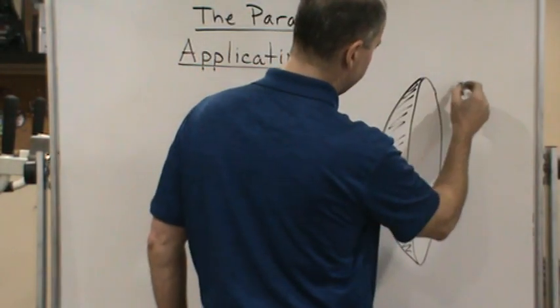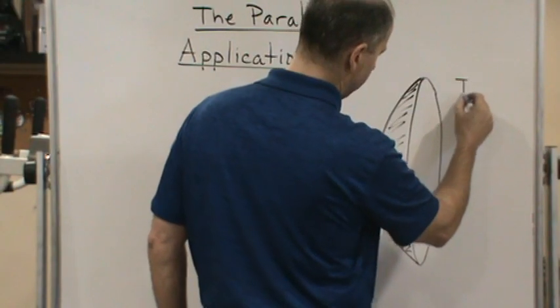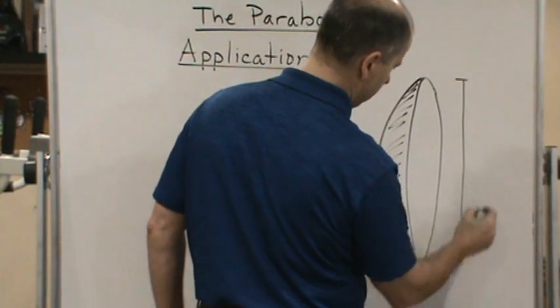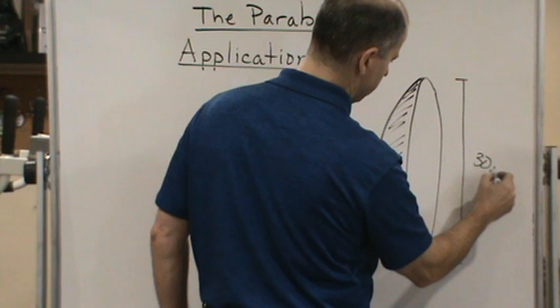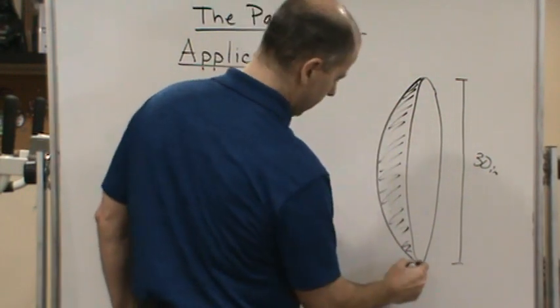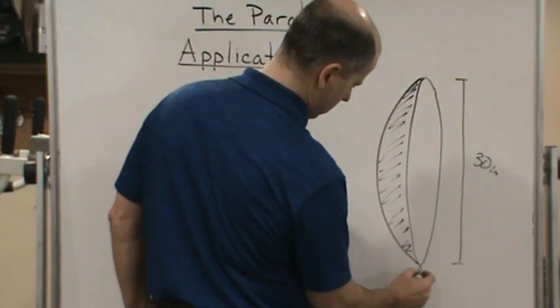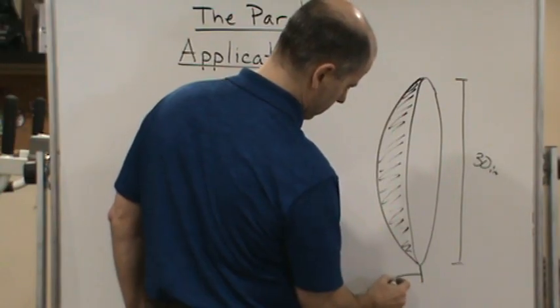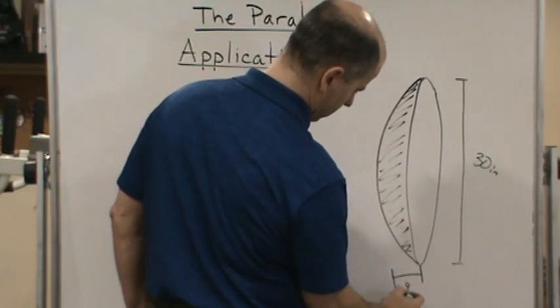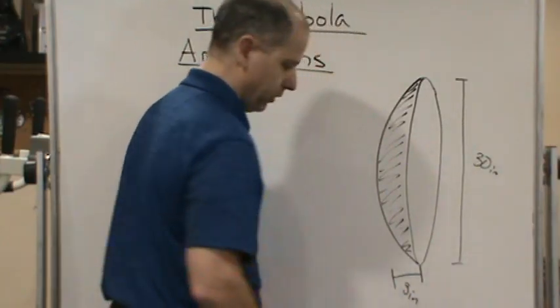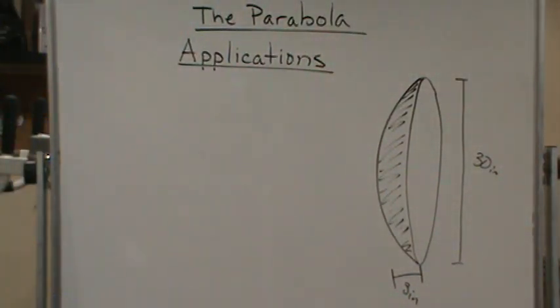And we know that the diameter of the dish is 30 inches and the depth is 3 inches, right? I think that's what they said. Double check. Yes.